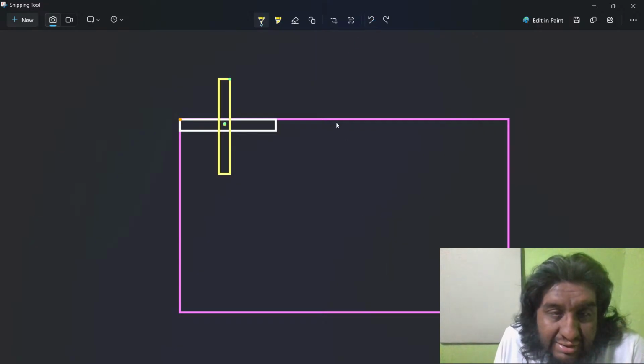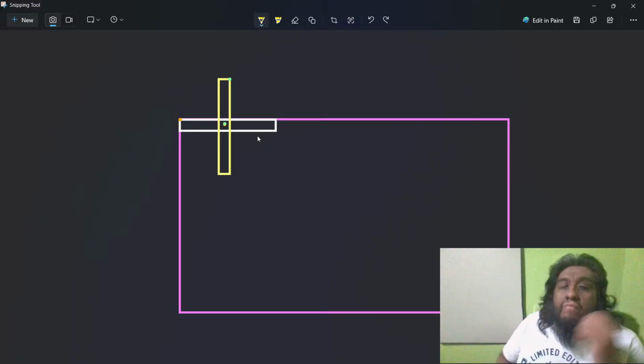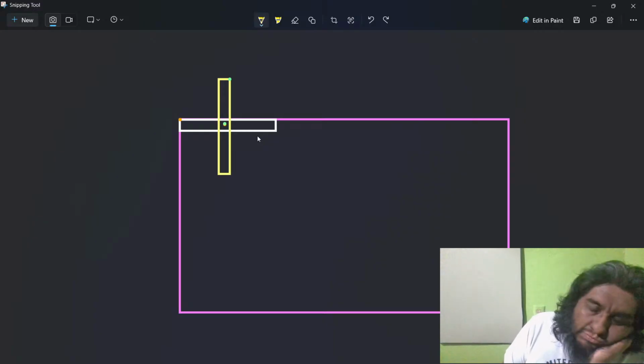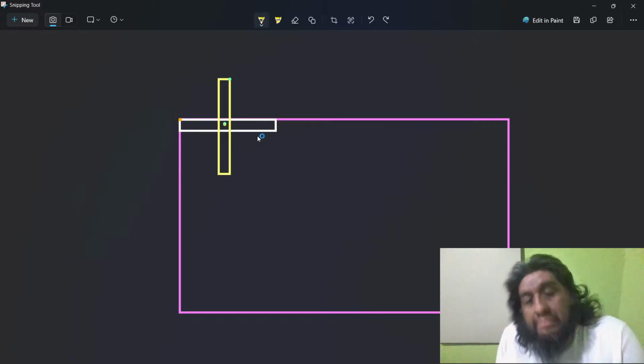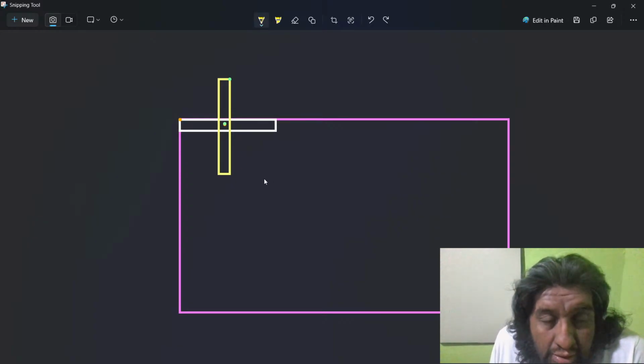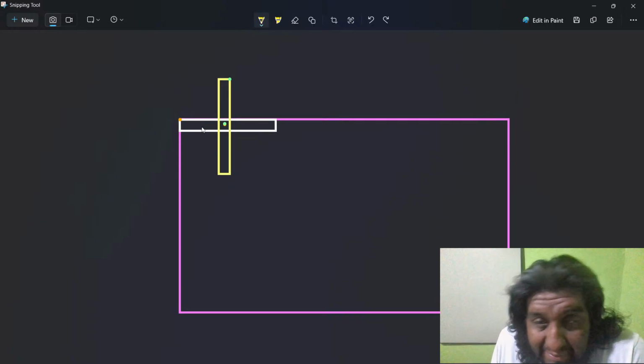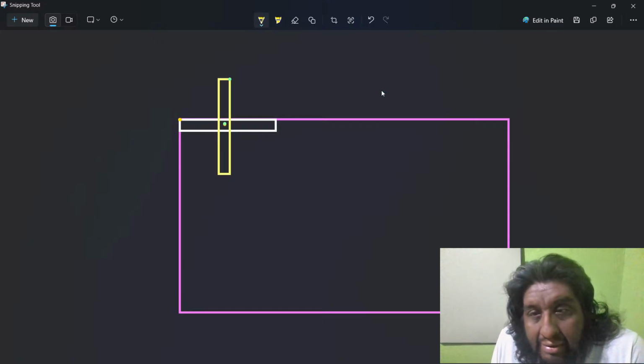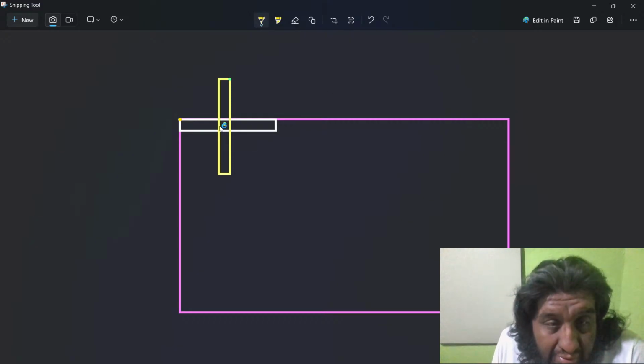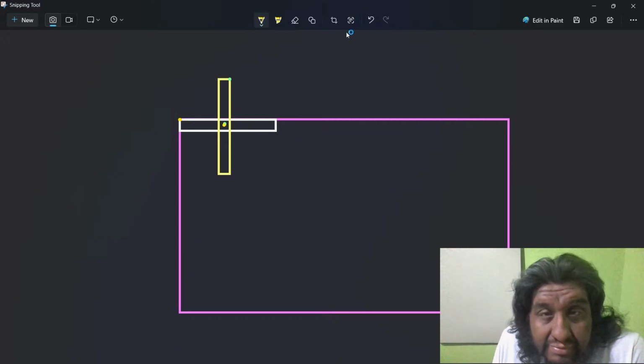So we can explore certain things like what happens if we translate the origin to this middle point. I'm going to delete the other. Oh my god, look at this.